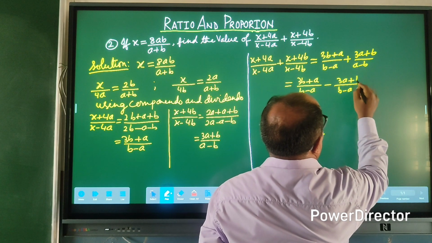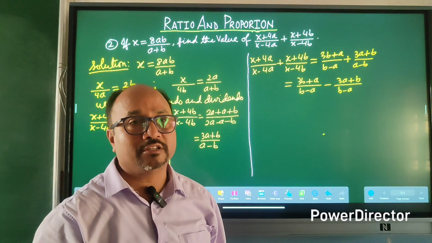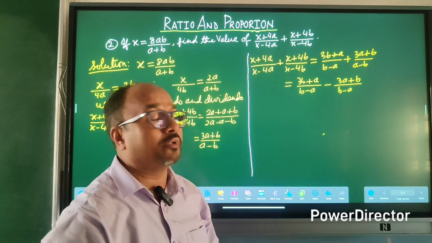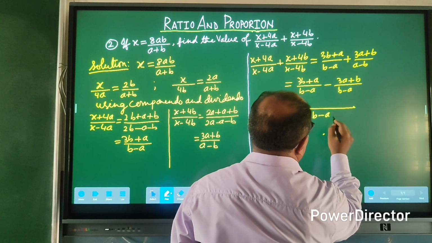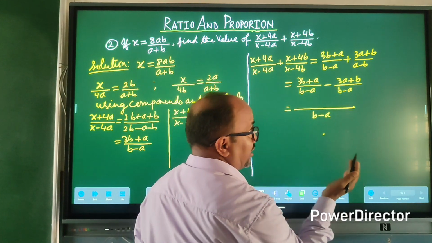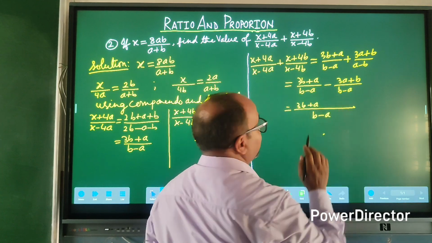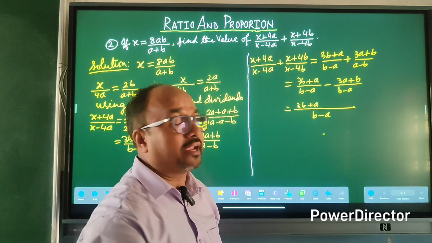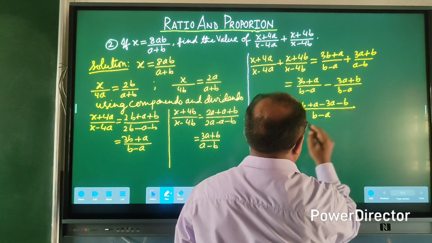and the numerator is not changed now, because the sign in the middle has been changed. Now you get to see the denominator is same. So you get the LCM as b minus a. Now simply the numerator will be solved. So 3b plus a. Again I will say be careful of that negative sign. It will change the sign. So minus 3a and minus b.